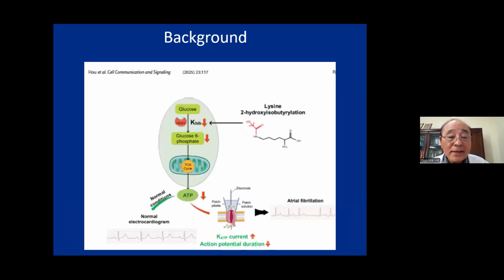Here is the mechanism we discovered for how postoperative atrial fibrillation happens with the structure changes of the protein.